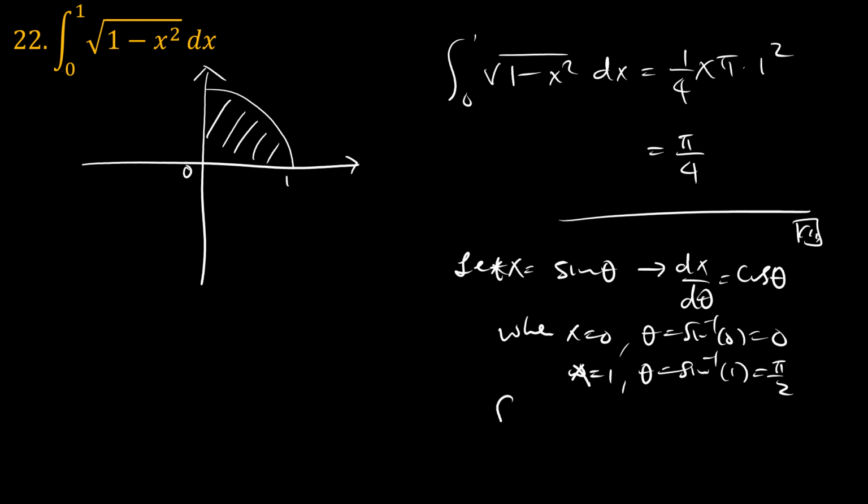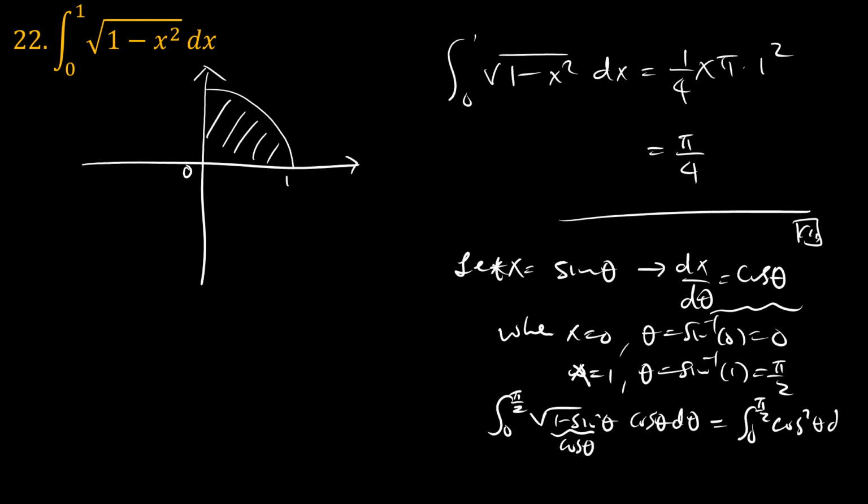So we have the integral from 0 to pi over 2 of the square root of 1 minus sine squared theta times cosine theta d theta. This is the same as cosine theta in that interval. So we have cosine squared theta.